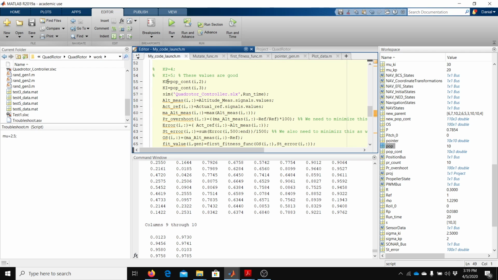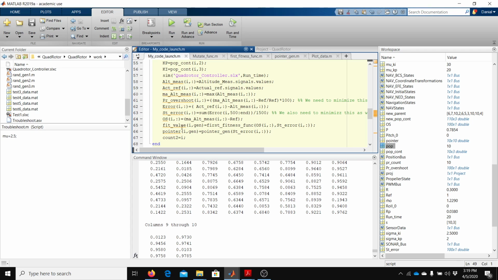We then evaluate our kp and ki values, simulate the whole system, measure the steady state error and the overshoot, and then evaluate the fitness values depending upon what we have stated. If the steady state error is more than 1%, then our system has not been able to reach steady state, and so all of our fitness values depend on the steady state error, and usually that is very low. And then you create a pointer.